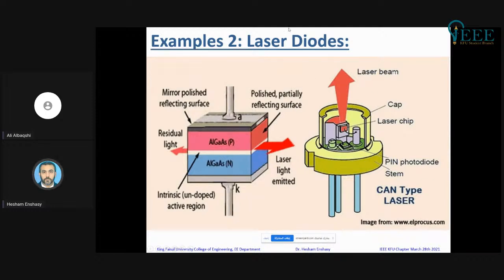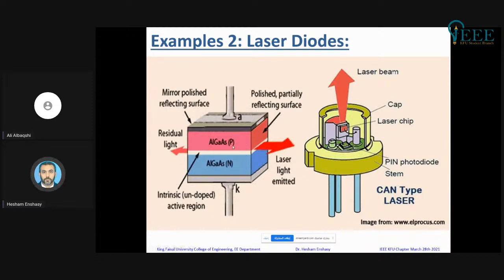Now, if you need to make a laser out of it, this diode has to be made from a direct band gap material. For example, aluminum gallium arsenide, indium phosphide, gallium arsenide, or indium gallium arsenide phosphide type material. So these are the materials that people use to make laser diodes.